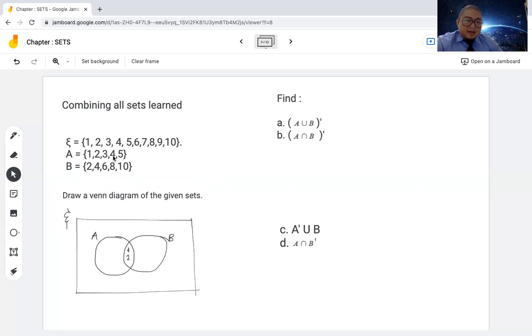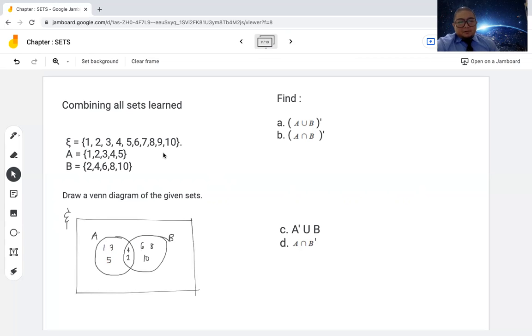And then after that, I will try to complete any of these sets. So let's say, for example, I would like to start with set B. The 2 and 4 are already there, so I'll just write 6, 8, and 10. And for A, what you need to see is that the elements are 1, 3, 5.